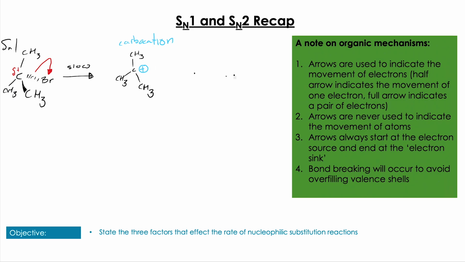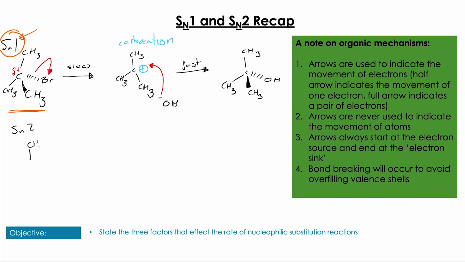That carbocation intermediate then reacts with the nucleophile, which attacks the carbocation and therefore substitutes in the position that the halogen was at the beginning. SN1 because it only has 1 molecule in that slow rate determining step.